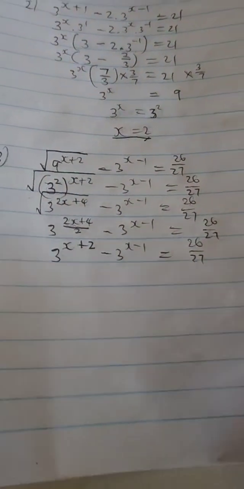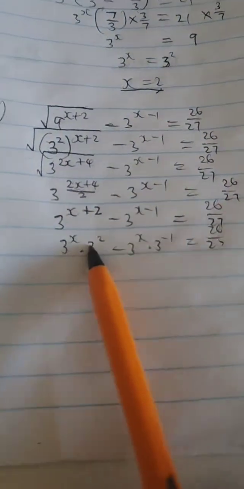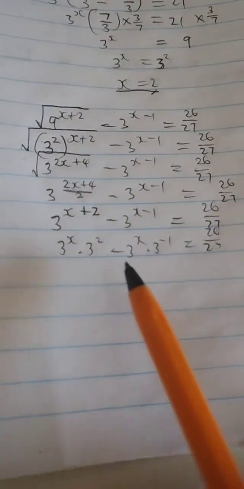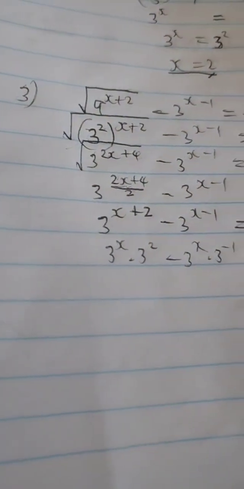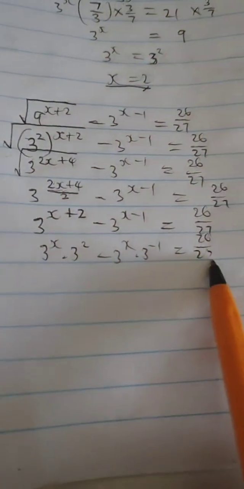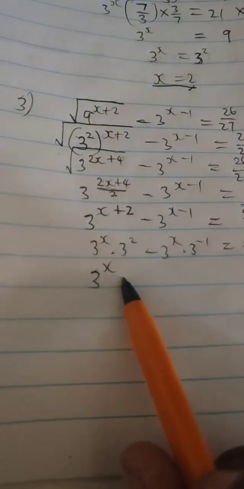All right, so we are now going to split the bases. After splitting the bases, you take out the common base with the variable exponent.